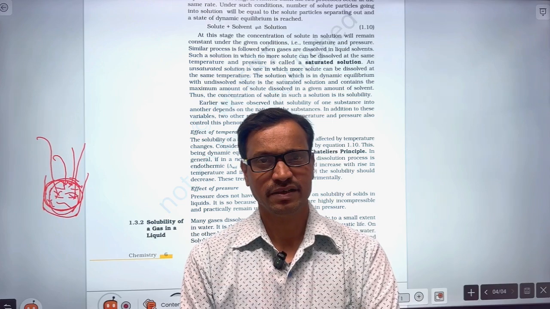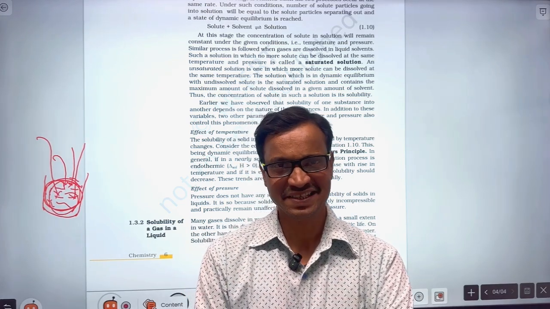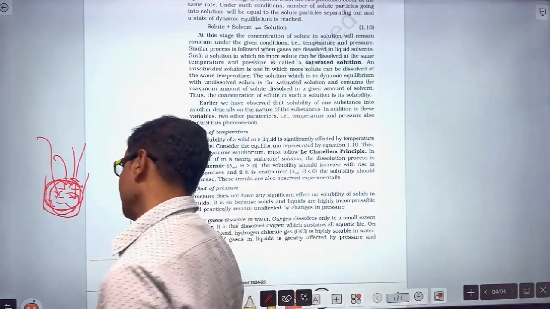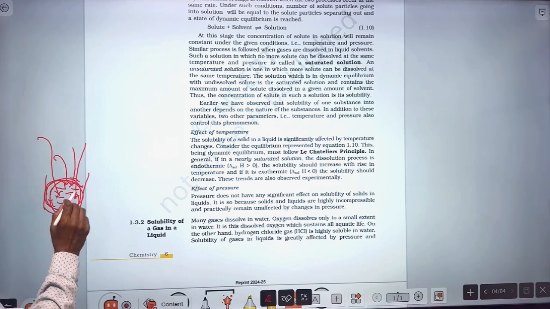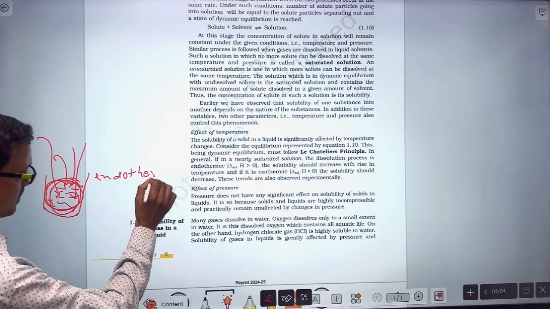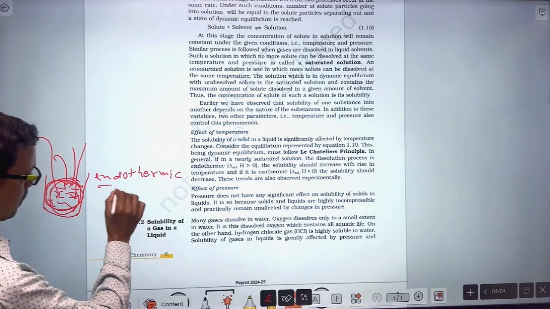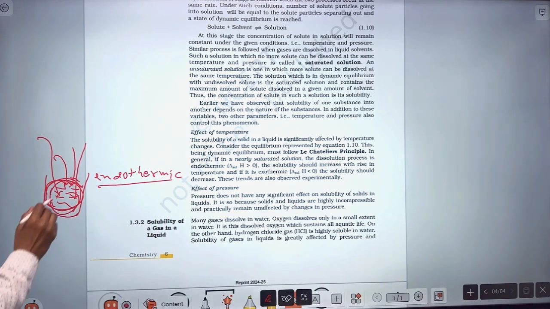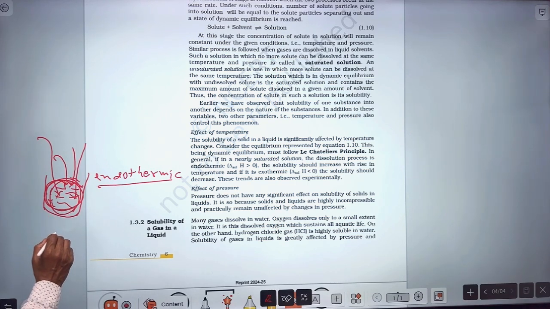So obviously the temperature will have to rise. So here the solubilization of sugar in water is an endothermic process. That's why on increasing the temperature, the solubility of sugar in water has increased.